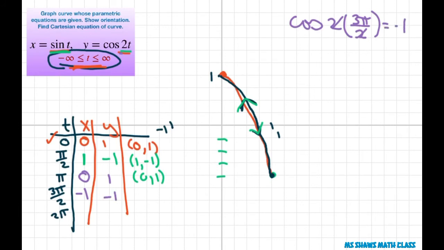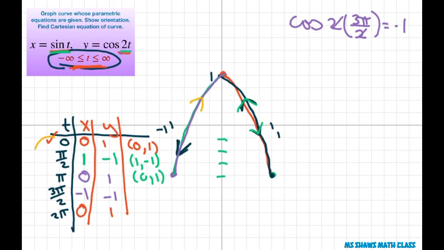So we have negative 1 and negative 1, which is right there. So what's happening is this is going down this way, and the orientation is going this way. Now at 2 pi, we're going to go back to 0, and cosine is going to be 1. So now you're going back to 0, 1.